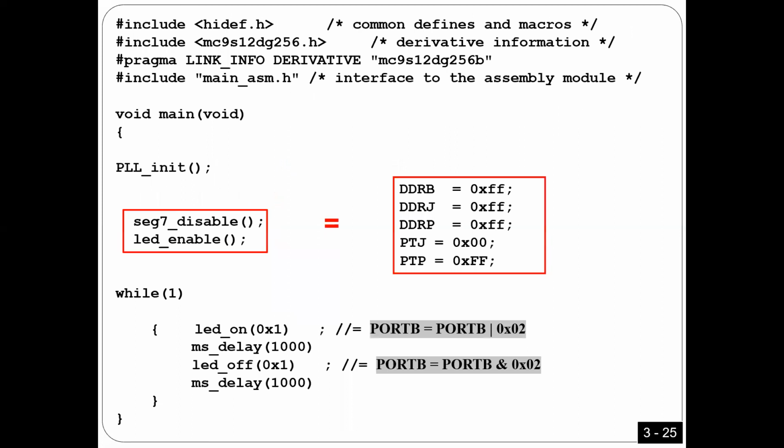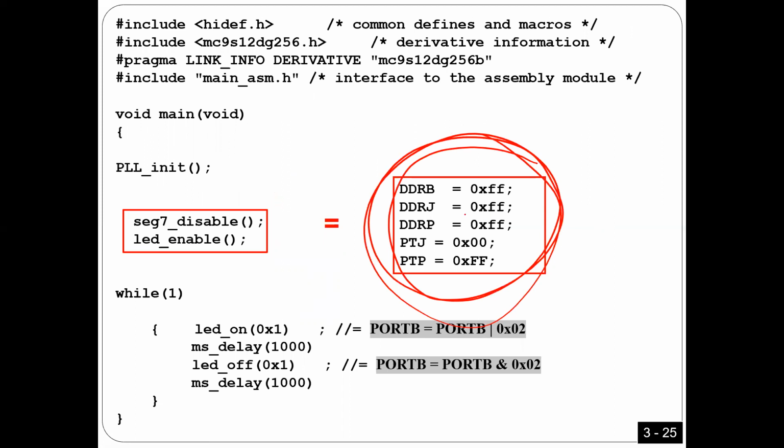One more thing I want to tell you guys is the following. What I explained right now was DDRB equal to whatever, DDRG equal to whatever. However, if you want to use it this way, it's totally fine. It's correct. However, we can also use functions. We have two functions that can do exactly the same thing.